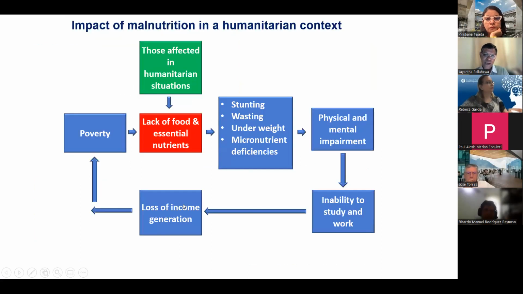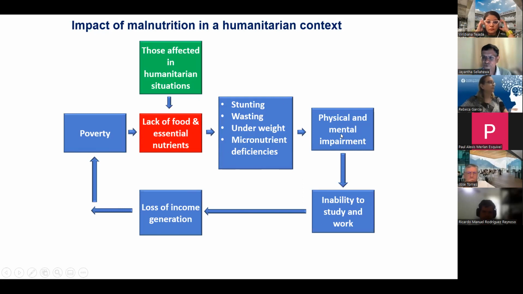If you look at the impact of malnutrition on a particular community, let's imagine that because of an external event like a flood, drought or war, a particular country or community became food insecure. If it is long lasting, it can lead to long-term malnutrition.